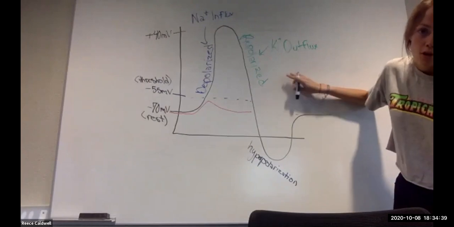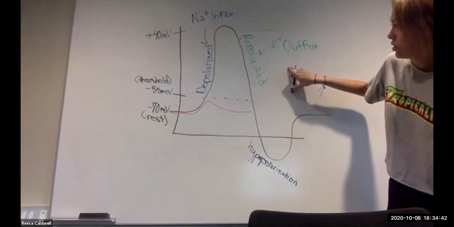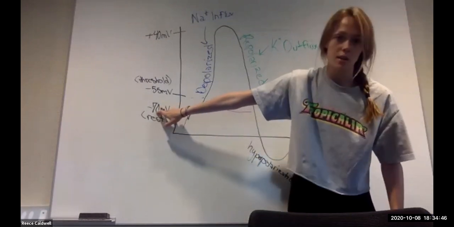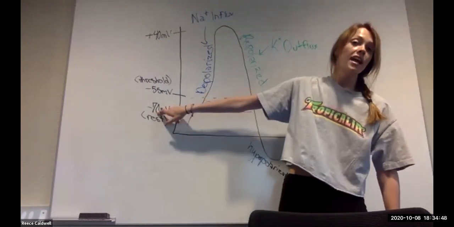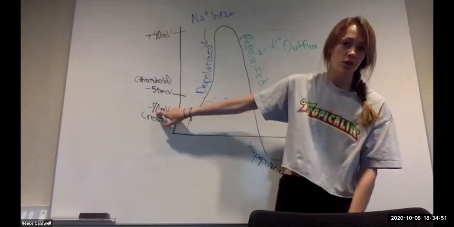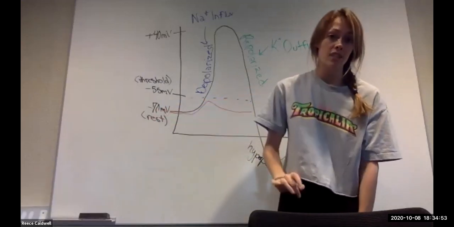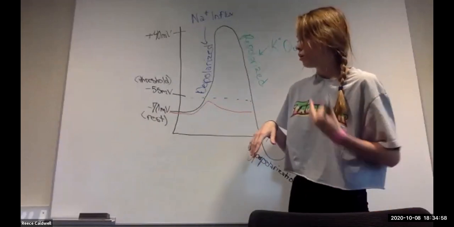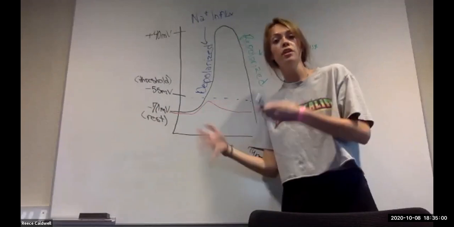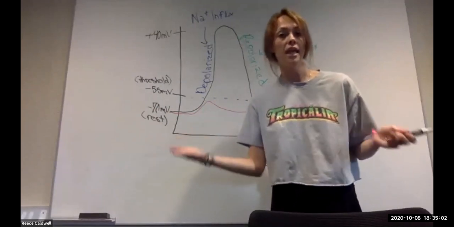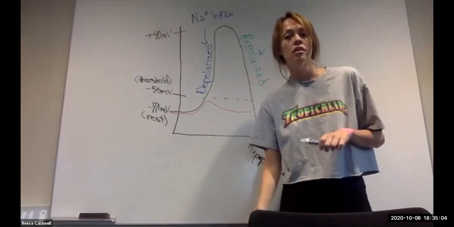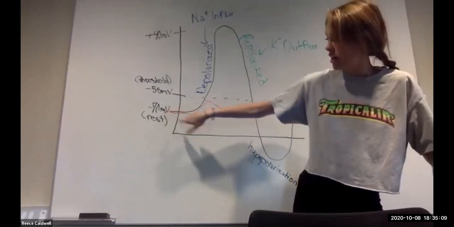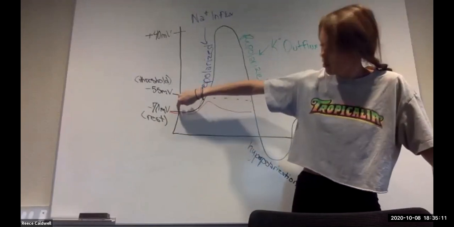So, know this chart, know how to label it. Everything I wrote on here is important. The number is important, so I could ask you, a cell at rest is at blank millivolts. You would need to know negative 70, not even just 70, negative 70. Or I could ask you, at negative 70 millivolts, a cell is blank, and you would need to say at rest. Or I could put a picture of this chart, and I could say, what's this point right here?